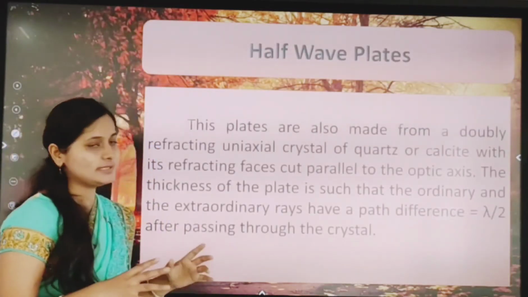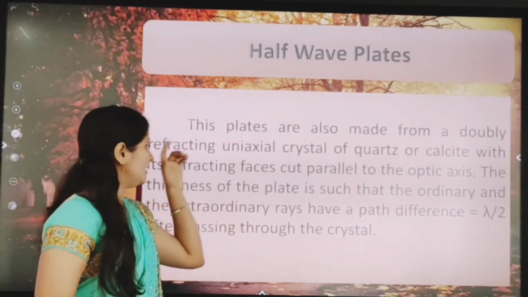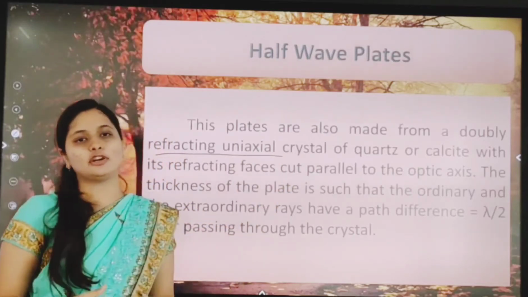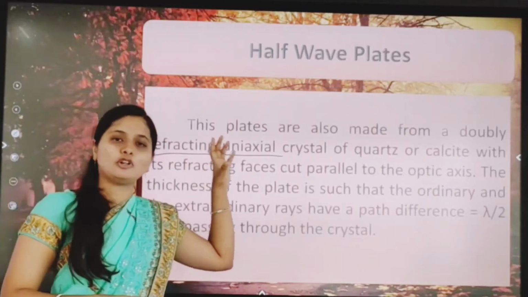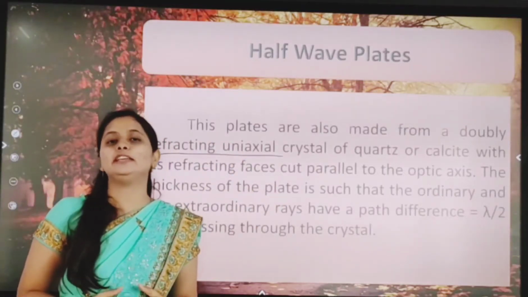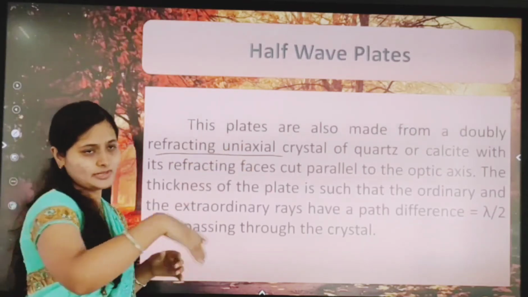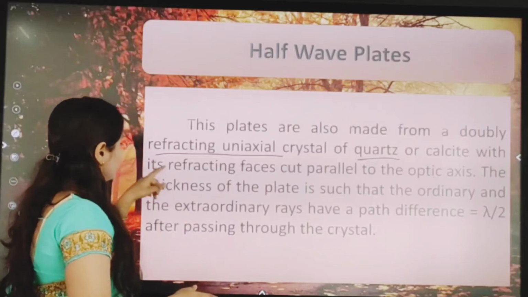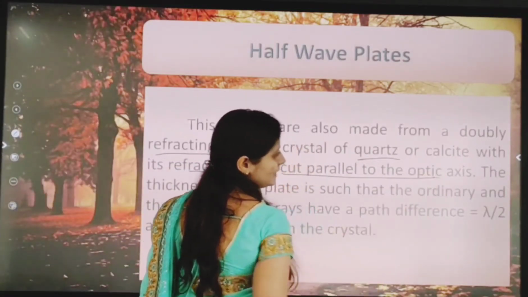So see here, what does the half wave plate mean? These plates are also made from a doubly refracting uniaxial crystal. As in the quarter wave plate, in the first paragraph we studied, this plate is also made from a doubly refracting uniaxial crystal. Of which type of crystal? Same, quartz or calcite, again with its refracting faces cut parallel to the optic axis.